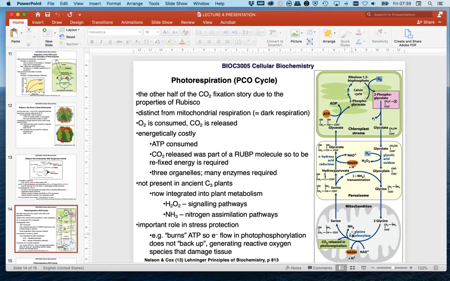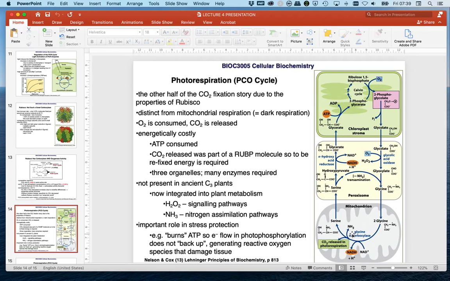Now, if it becomes dry and the light is still hitting those chloroplasts, the pores on the leaf, the stomata, that allow gas to get into the leaf and gases to leave the leaf, so CO2 in, oxygen out, if those pores close, okay, to reduce transpiration of water so that water doesn't get released from the inside of the plant, then that means there's no CO2 inside the plant.